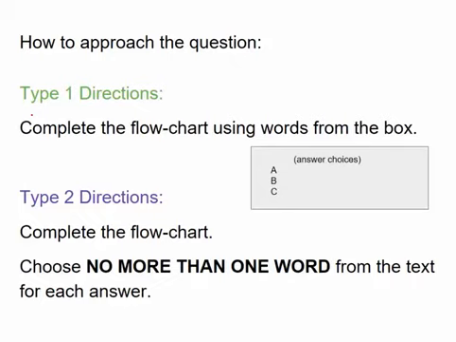The second type is just a standard short answer question. You look for how many words are allowed, how many numbers are allowed. In this example, it's 1, but it could be 2 or 3, and there could be numbers. So this is a case where you need to really read the directions carefully to know how many words are allowed.